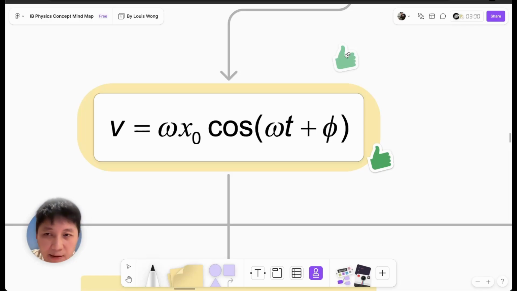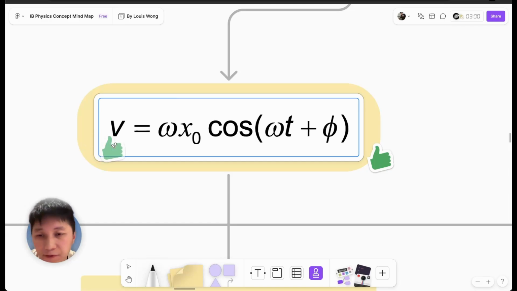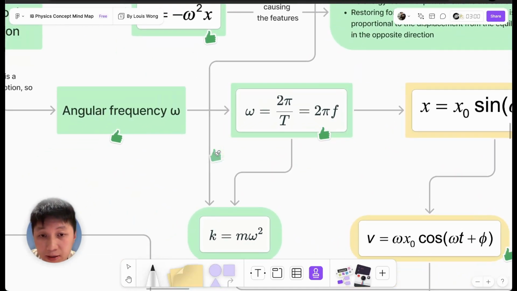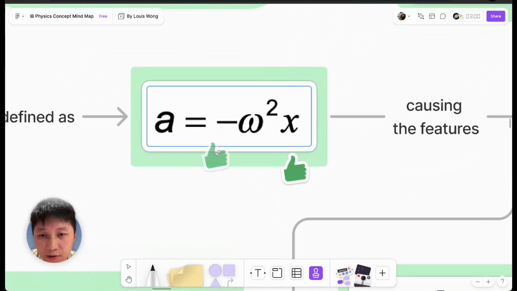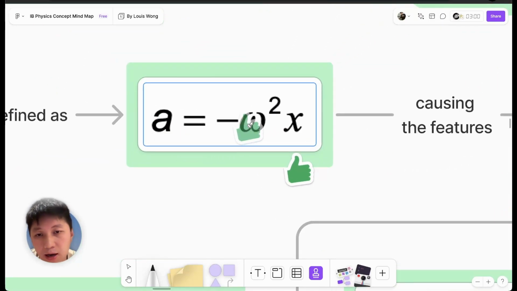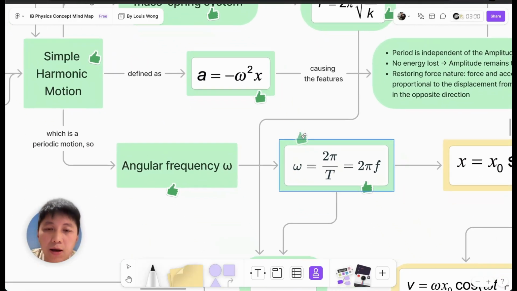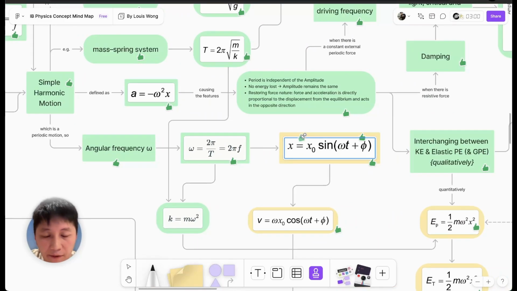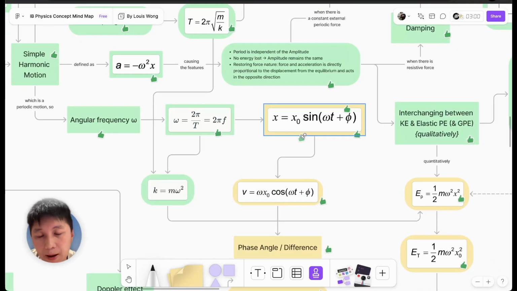Most of the other time it could just be 0 or 0 point something. So the maximum of v, which you can notate as v log, should equal omega x log. And same for acceleration: a log equals omega squared x log. So this is how you could figure out the magnitude of the peak value of x, v, and a.